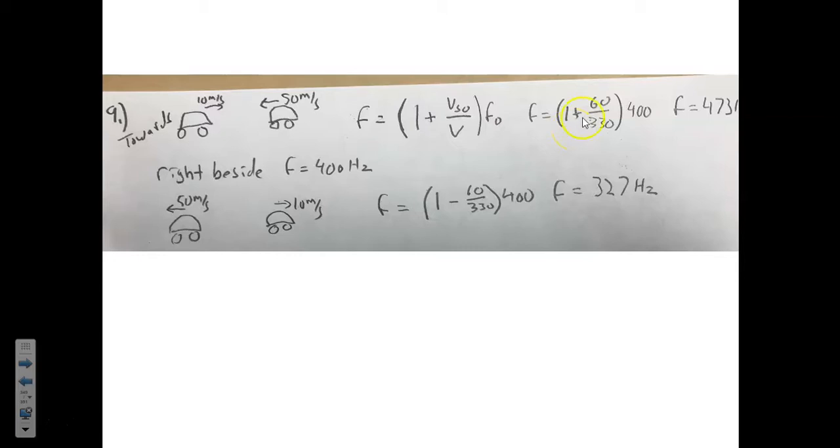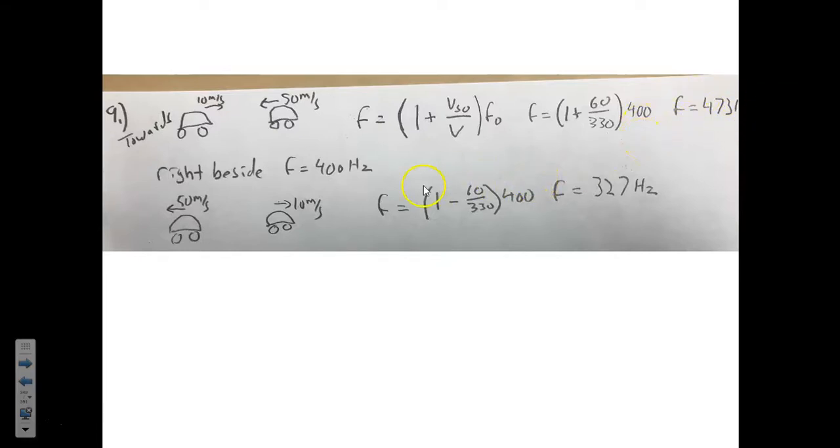So 1 plus 60 over 330 times 400 gives you whatever that is, 4730, I guess. Or 473 point something. Sorry, yeah, that would make sense. Luckily, I sanity checked my answer. It doesn't make sense that the answer would be 4,000. It's not going to change by that much.